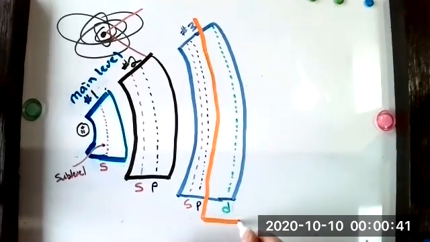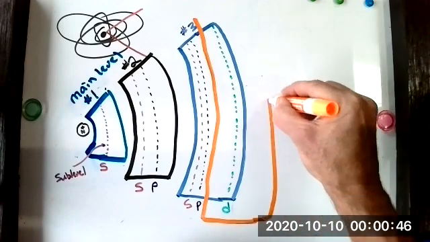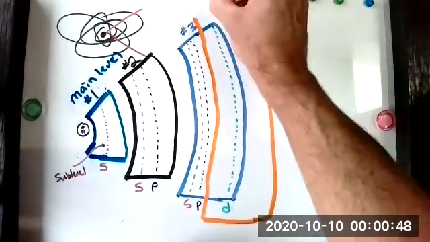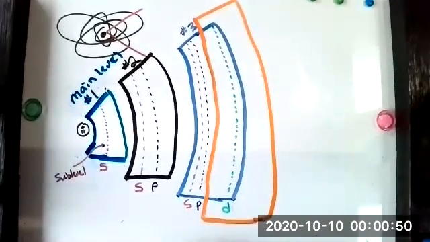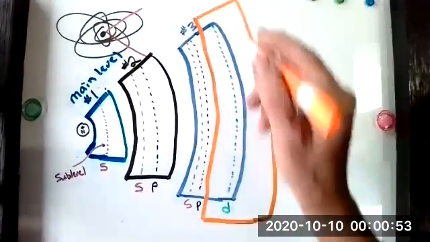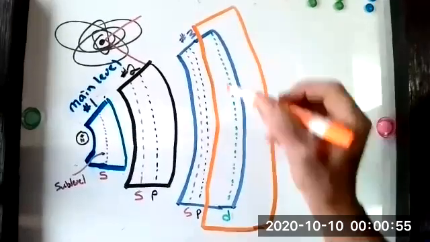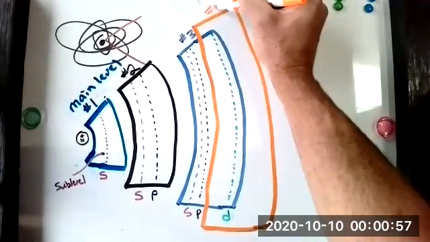overlaps main level number 3 just a little bit, and it is the fourth main level, and so you can put this up here, main level number 4.